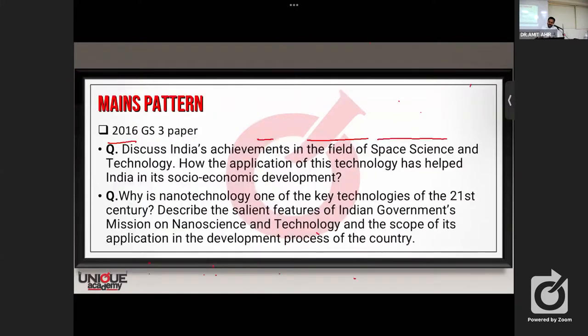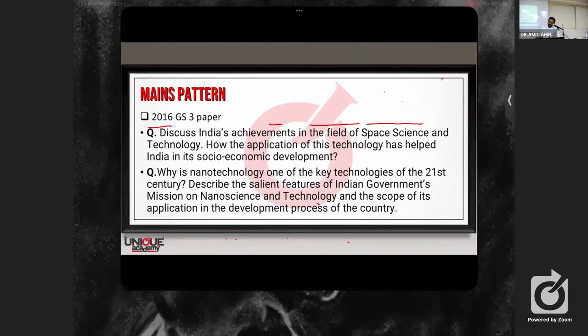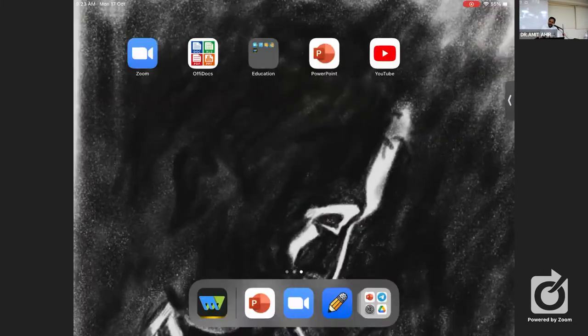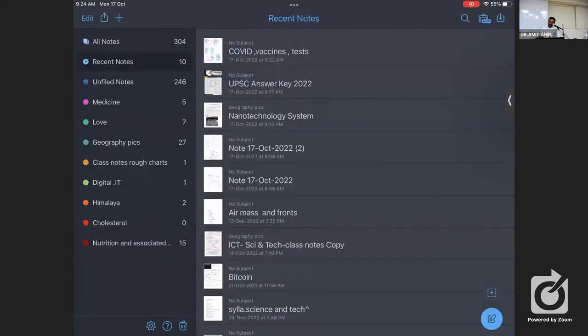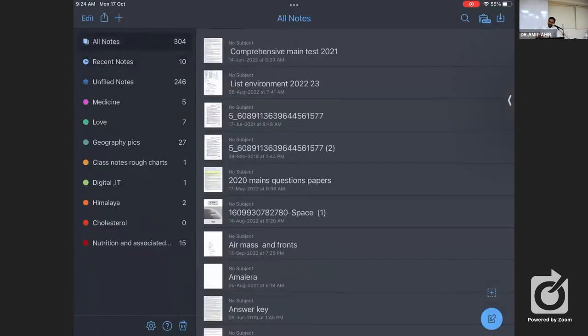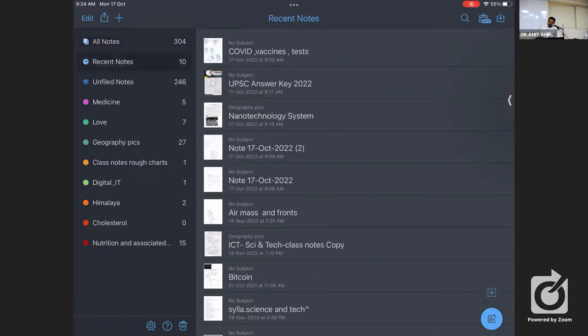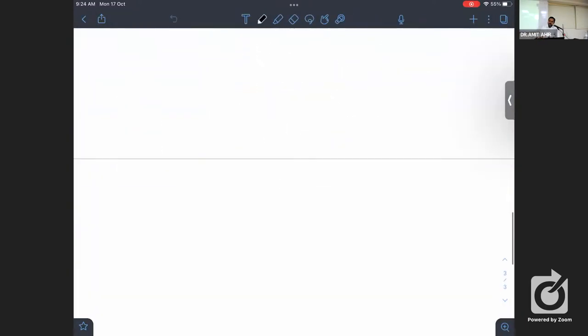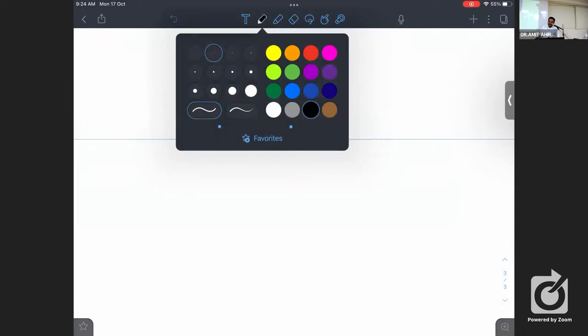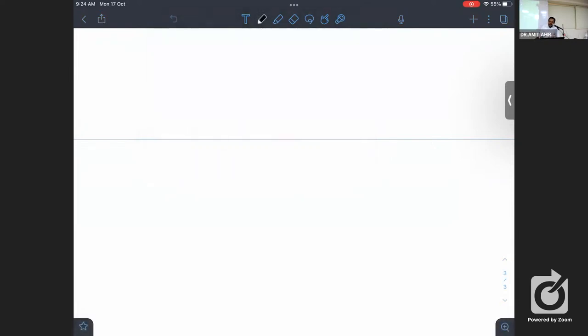Now we'll talk about mains examination. When you talk about science and technology related questions for the purpose of mains examination, remember one thing: they are always in the format of Bane and Boon. ठीक है?